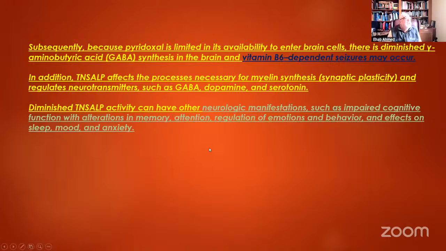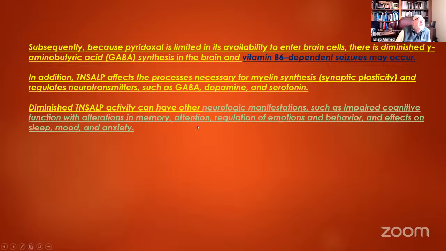So it can have other problems in addition to the bone and teeth and joints, neurologic manifestations such as cognitive function, alteration in memory, and it can affect adults. So it could affect us.